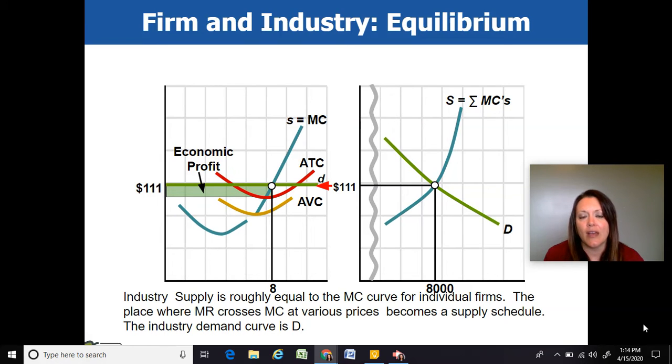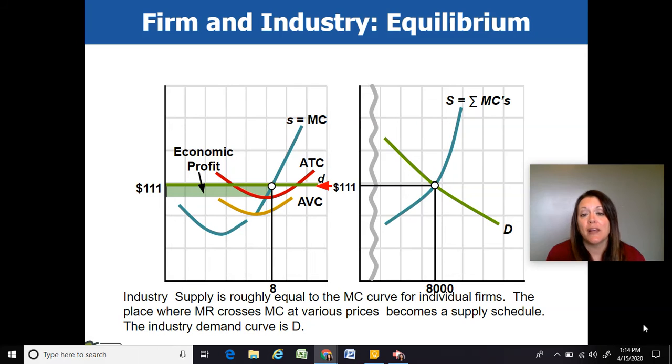Now, the thing that I didn't tell you when you learned about supply and demand is that those upward sloping supply curves and downward sloping demand curves that you learned about at that point, they actually were referring to supply and demand in perfect competition. So that's why we played the game called A Market in Wheat, because agriculture is the closest thing that we have to perfect competition. So on the left-hand side, what you see are those curves for a firm.